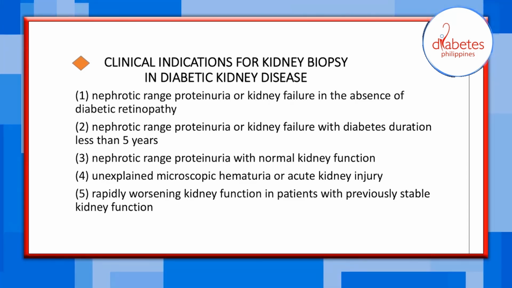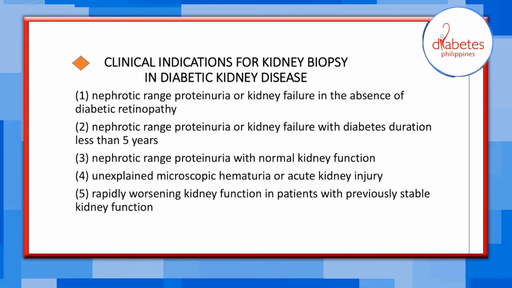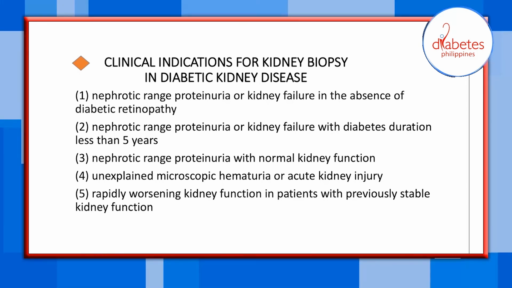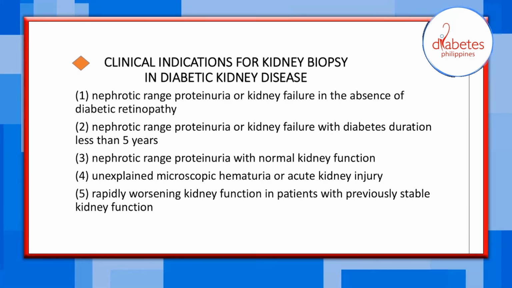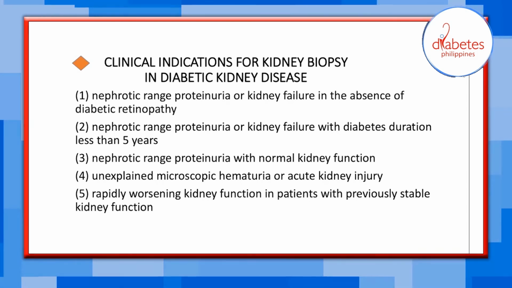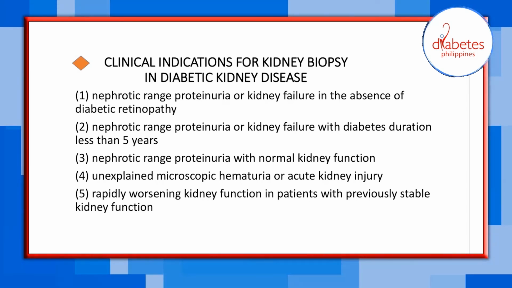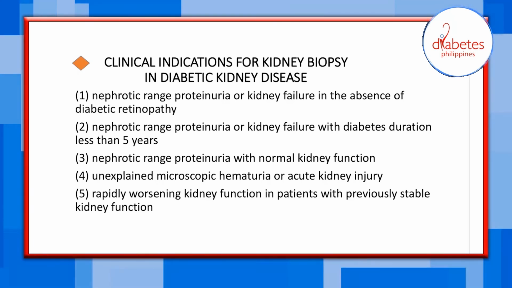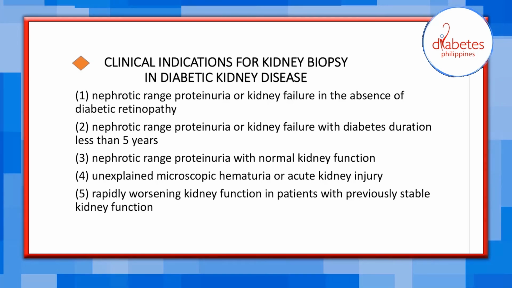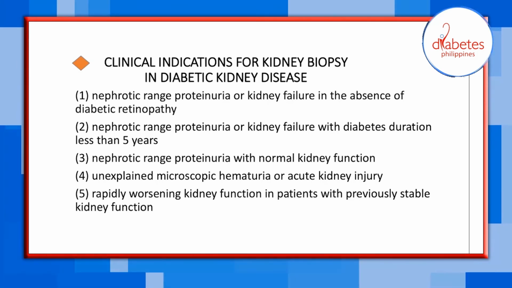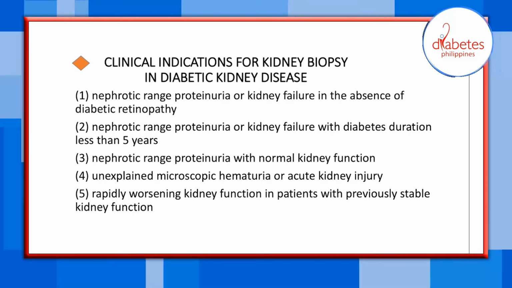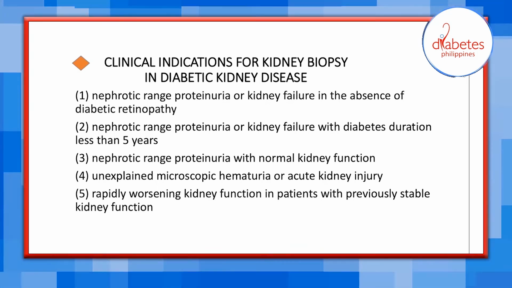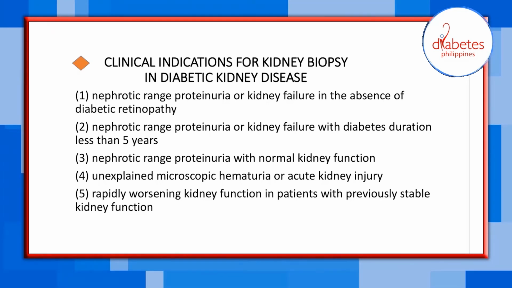The clinical indications for kidney biopsy in diabetic kidney disease are: first, nephrotic range proteinuria or kidney failure in the absence of diabetic retinopathy. Second, nephrotic range proteinuria or kidney failure with diabetes duration less than 5 years. Third, nephrotic range proteinuria with normal kidney function. Fourth, unexplained microscopic hematuria or acute kidney injury. And fifth, rapidly worsening kidney function in patients with previously stable kidney function.